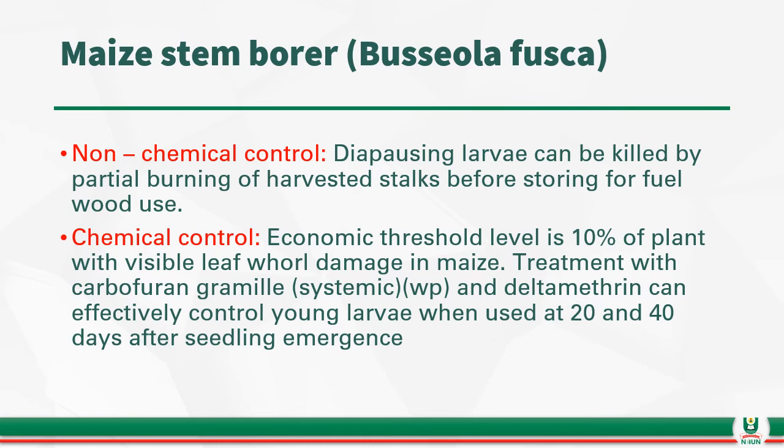You can use them on the young larvae, and it is used 20 to 40 days after seedling emerges. When you plant your seedling and it germinates, you count 20 to 40 days and then you spray. That is how you can control them.